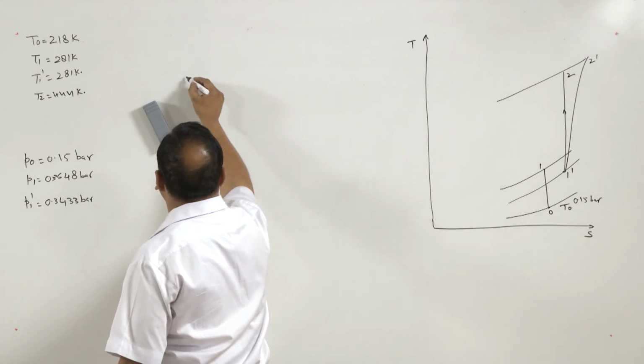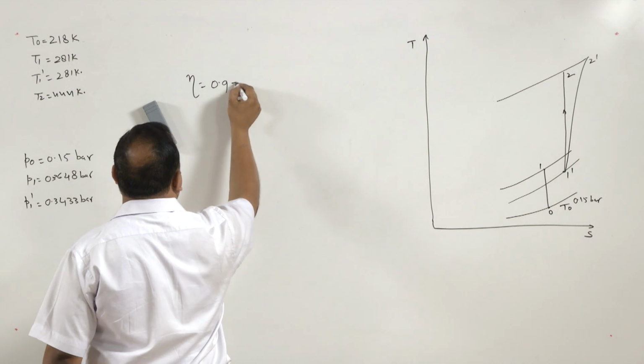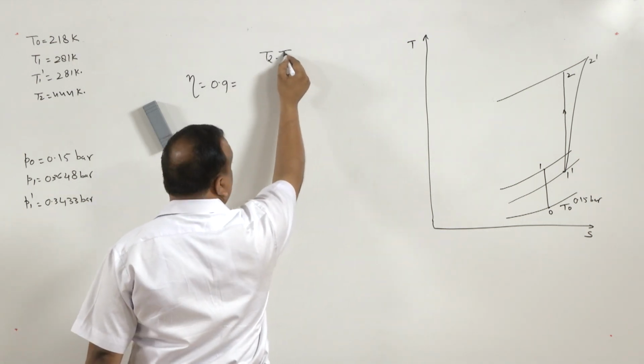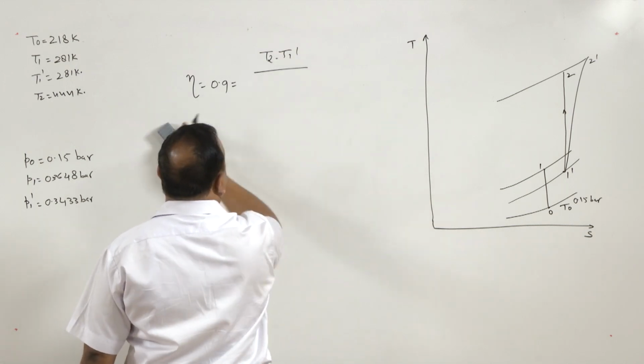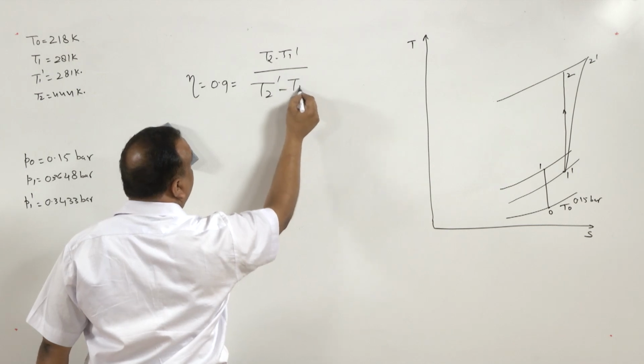The polytropic efficiency of the main compressor is 0.9, and that is equal to T2 minus T1 dash divided by T2 dash minus T1 dash.